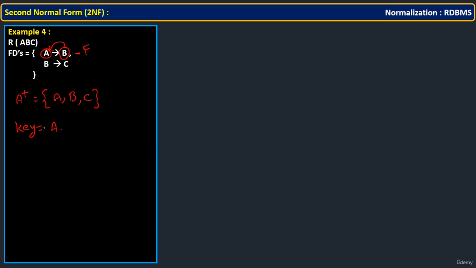So what you can conclude from this example is, if any relation has a primary key with a single attribute, that is automatically in the second normal form.